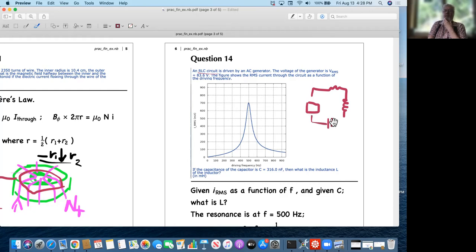The inductor will slow down the charging of the capacitor. Oh, but this is not charging the capacitor. This is an AC circuit, so it has some frequency. This is a graph as a function of the frequency.